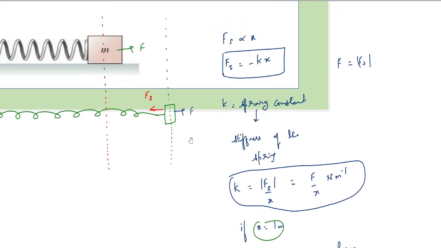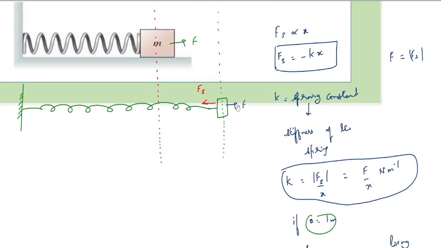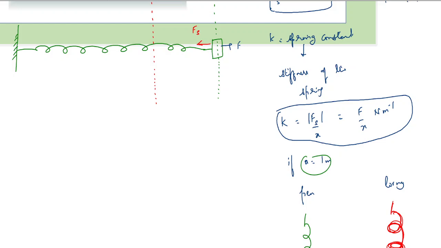Now coming back to the problem, if we pull the spring and leave it from here, it would oscillate. Because of the restoring force, the block would move towards the mean position, but since the force and velocity act in the same direction, the block would cross the mean position and go to another extreme end.